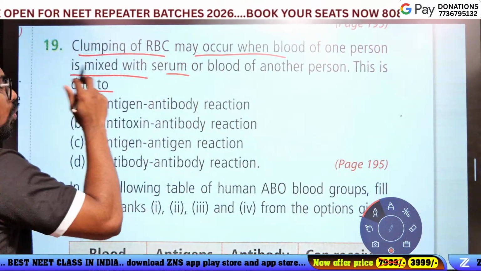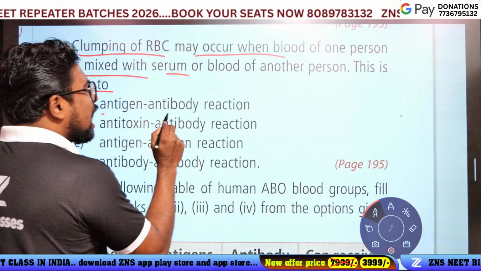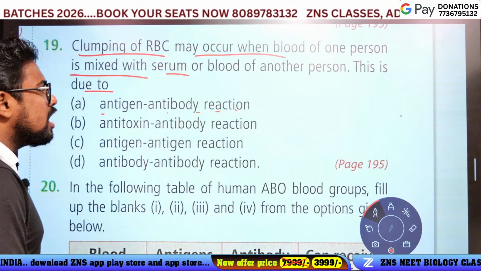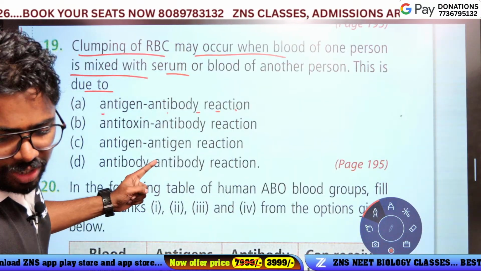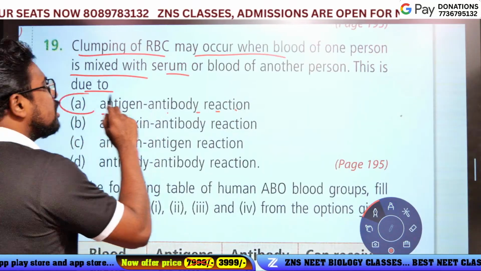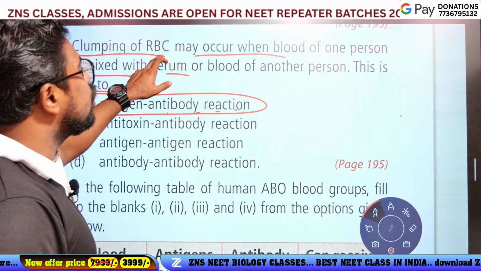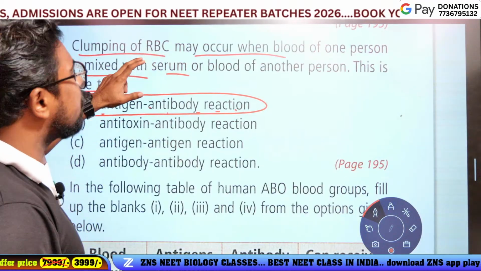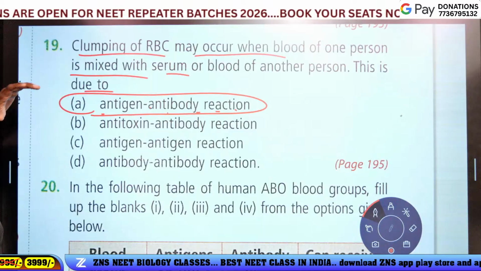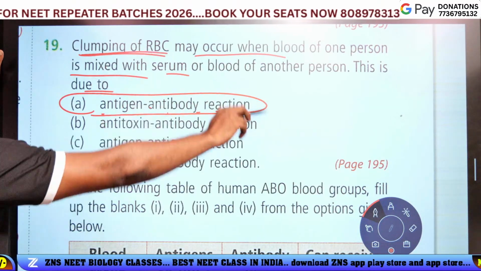This is due to what? Antigen antibody reaction. Yes, that is the answer. The antigen antibody reaction leads to the clumping of RBC.